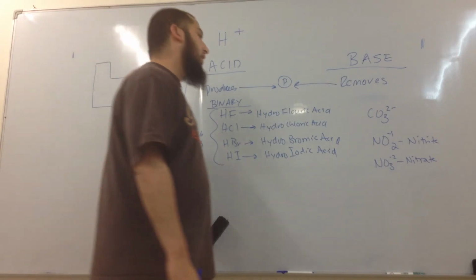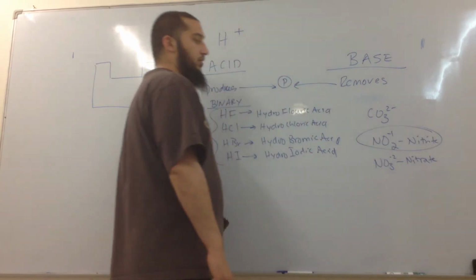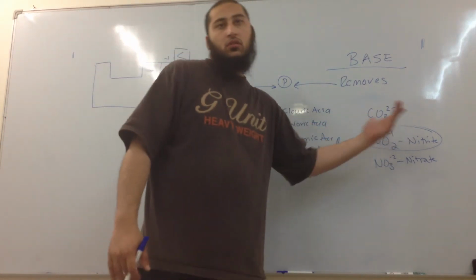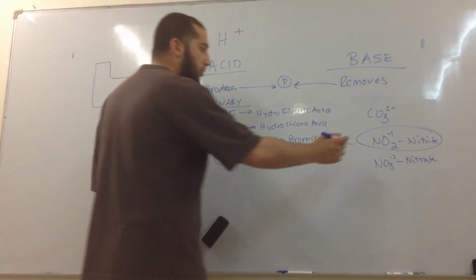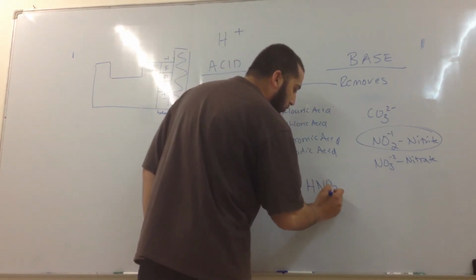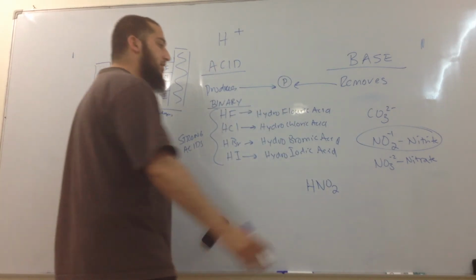Now, how do I make this an acid? Add a hydrogen to it. It's a -1, so you just add a hydrogen to it. So if I add a hydrogen to nitrite, it's going to be HNO2. How do I make nitrate an acid?